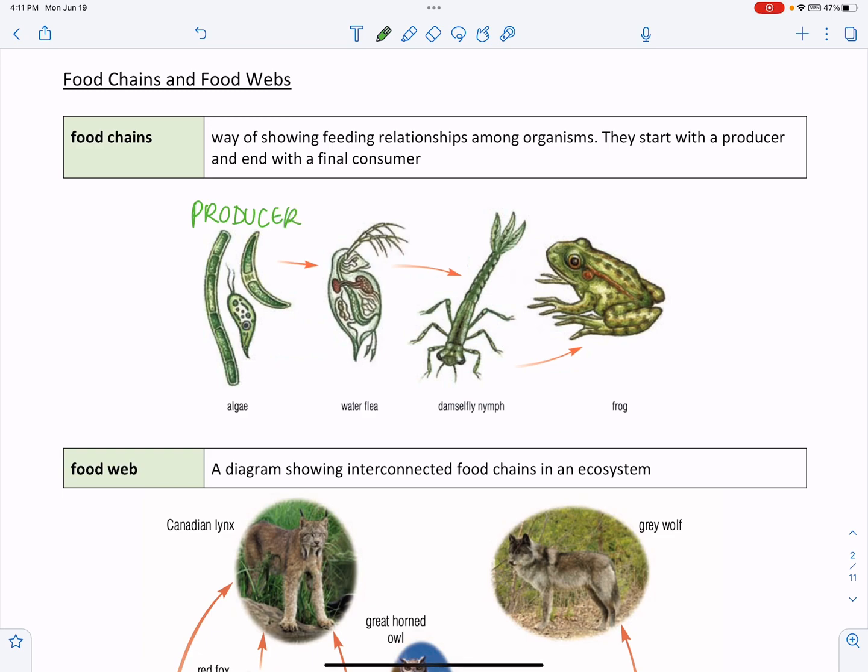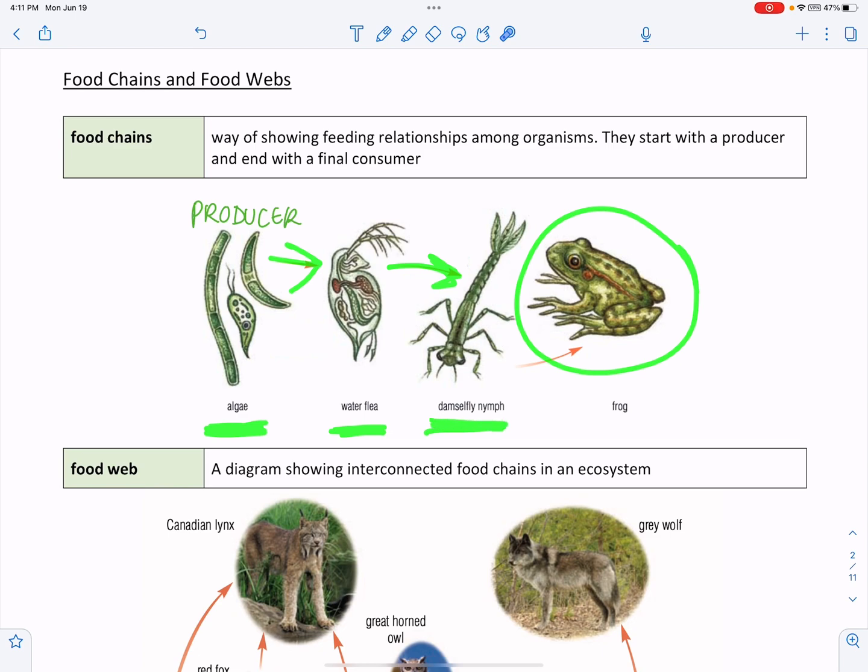And they end with a final consumer. In this case, the producer is the algae. The algae is eaten by the water flea. The water flea is eaten by the damselfly or damsel nymph because it's a baby. And the damsel nymph is eaten by the frog.